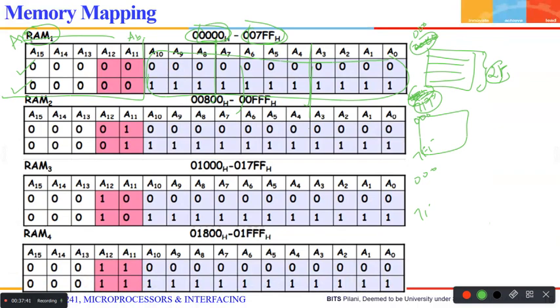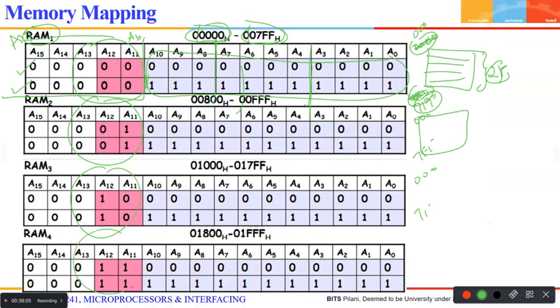Can you tell me which are those 3 address lines unique to this RAM 1, RAM 2 and RAM 3? Unique means unique to the particular RAM. Yes, sir. A11, A12? Yes, very good. You are catching. Good.